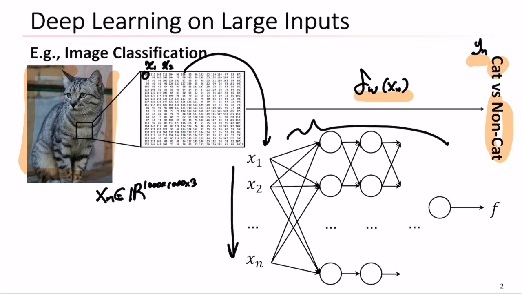Then the subsequent deep neural network can encode the feature vector with the learned parameters W and B. Right? It was an MLP or a neural network.